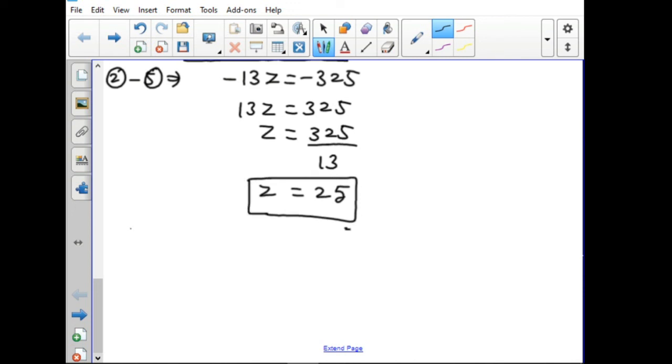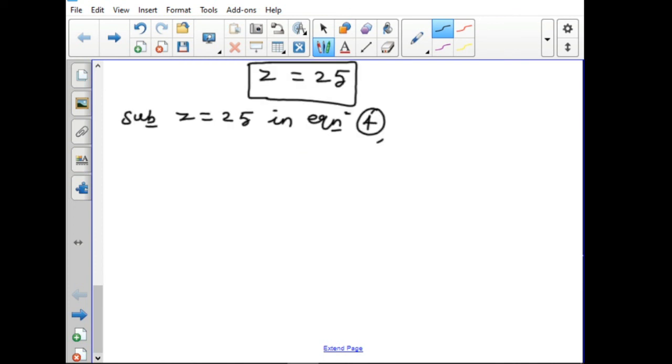Okay, substitute z equal to 25 in equation 4. What is our equation 4? Equation 4 is 2x minus 4z equal to minus 30. 2x minus 4 into z, which is 25, equal to minus 30.